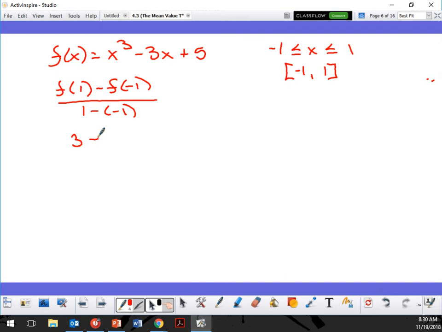So together that is 3 minus 7 all over 1 plus 1, so on top I get -4 over 2, which is -2. So my secant line slope is -2. So using the mean value theorem, somewhere in between those endpoints, it has to be that.